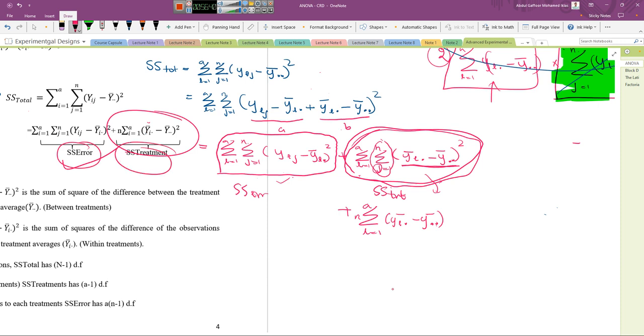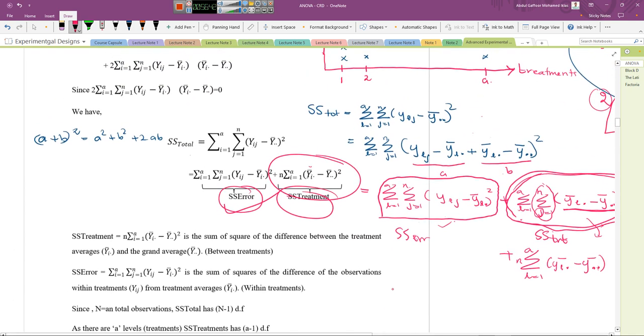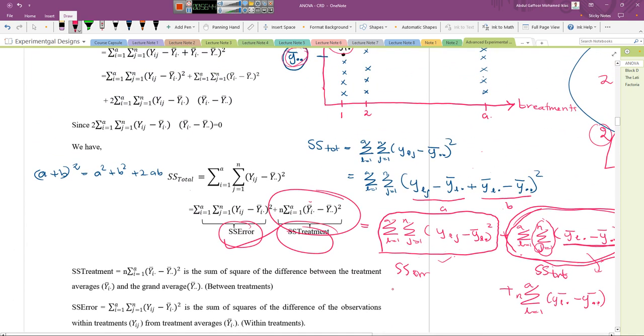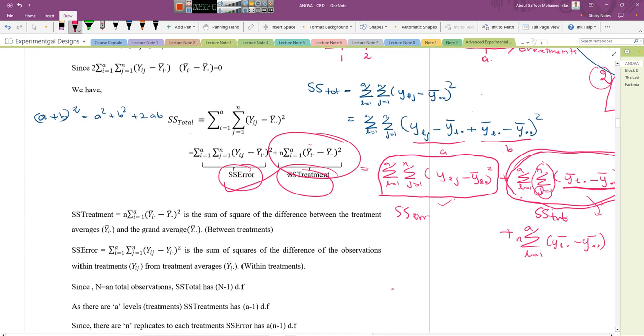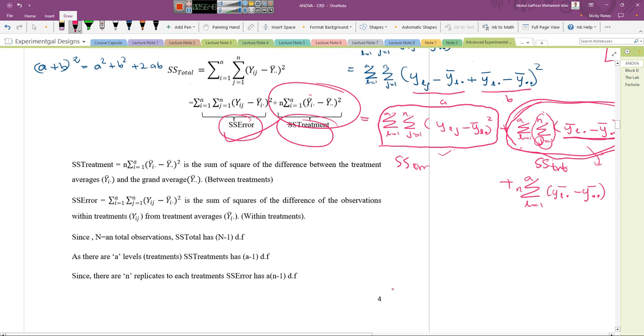I hope you have understood how to partition the sum of square total into the sum of square error and the sum of square treatment. You can see here the description of these terms. Sum of square treatment is the sum of square of the difference between the treatment averages and the grand average, between treatments. So we can say between treatments and within treatments.